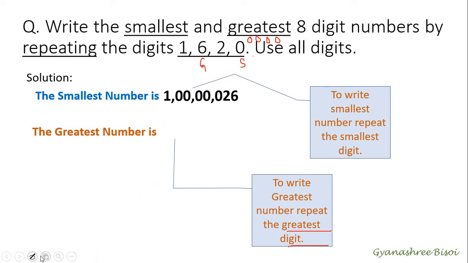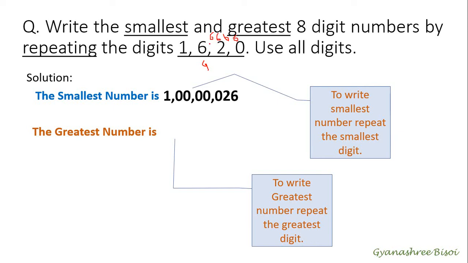Right? So we need to repeat 6. But how many times? A 4 digit number is here, but we need to form an 8 digit number. Then 6 will be repeated 4 more times, so that it can form an 8 digit number.